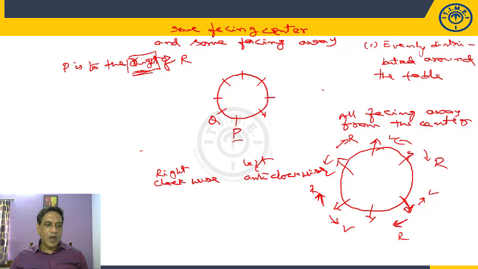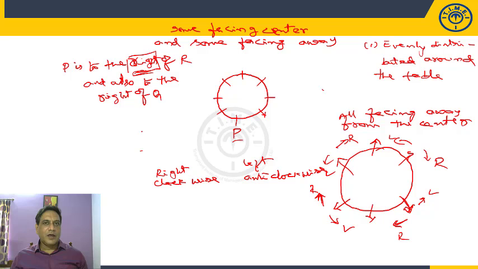Okay. Now, let us look at one more situation. Let us say it is given like this: P is to the right of R and also to the right of Q. But mind you, in circular arrangement, left and right are the same as immediate left and immediate right.